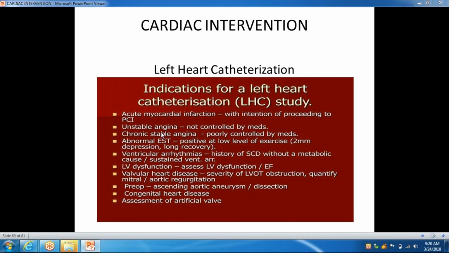Now, unstable angina. If you have the patient on medications, that is, they have blockage of the blood vessel around the heart, they are having chest pains or some chest discomfort. The patient may have a burning discomfort. They may have a tightness or pressure.